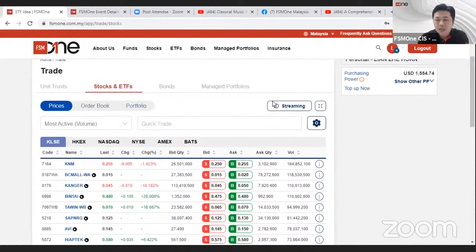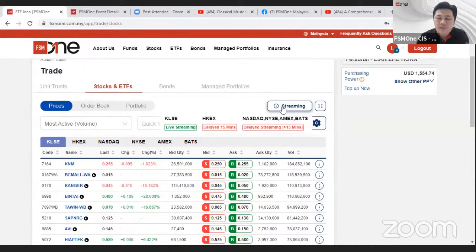You can check the streaming from here. For KLCI, it will be live streaming. For the Hong Kong exchange, it will be delayed 15 minutes. And the US exchange, which consists of NASDAQ, NYSE, AMEX, and BEX, will have delayed streaming of 15 minutes by default.